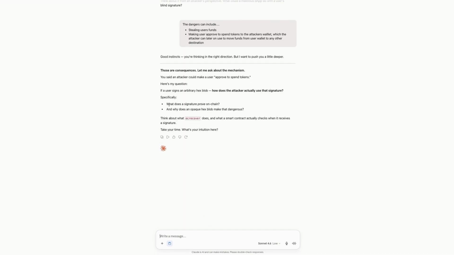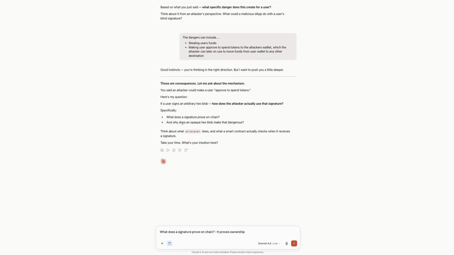First, what does a signature prove on chain? It proves ownership. And why does an opaque hex blob make that dangerous?